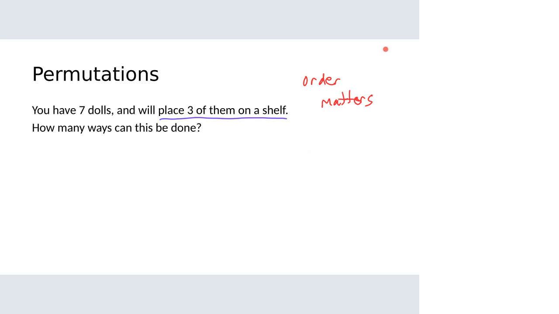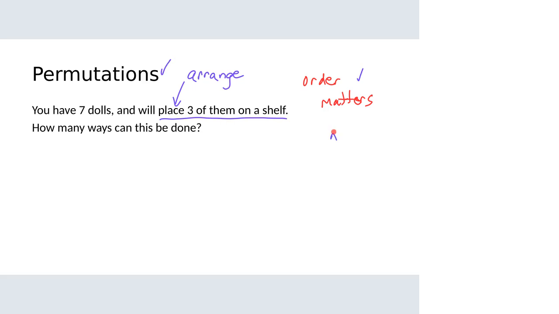Order matters. Also, a word like arrange, if you try to replace this with pick 3 to put on a shelf, yeah, that kind of works. But really what we're doing here is we are arranging. So it can be helpful to try to use a permutation word in there and see if it makes sense. We're going to arrange these on a shelf. Order matters. We have a permutation.